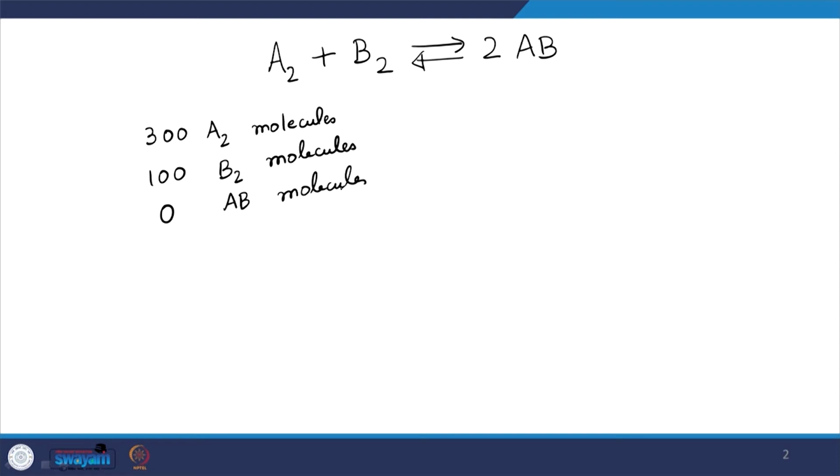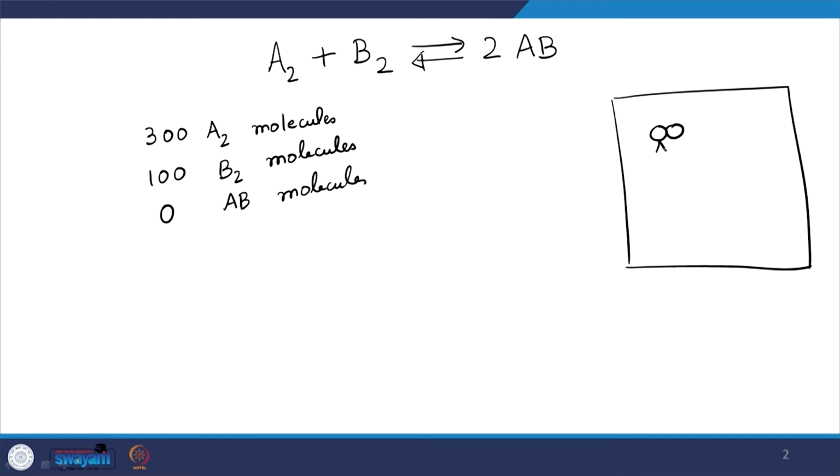Now, if I look at this system at a molecular level, what exactly are we going to have? We are going to have species A and A forming A2, species B and B forming B2, and species A and B forming AB. These are the three possibilities in this particular case.